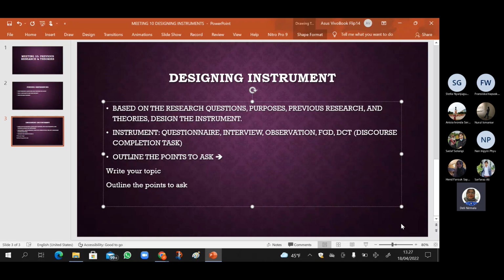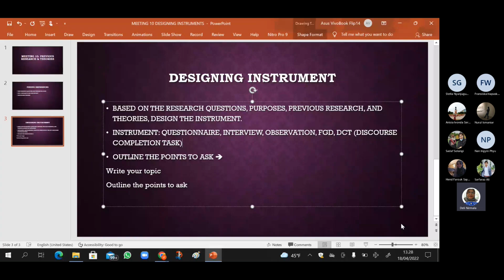Observation. So you have to use an observation guide in case you ask a field worker or field researcher to help you collect the data. So you have to give the observation guide.